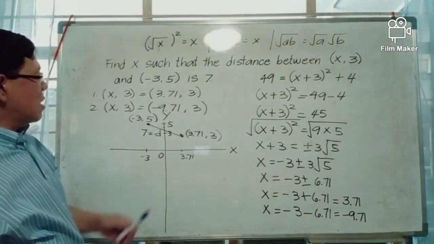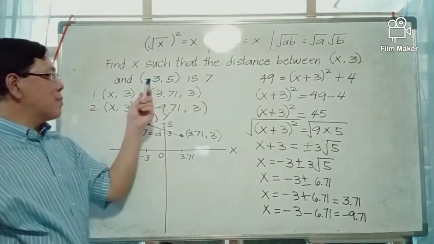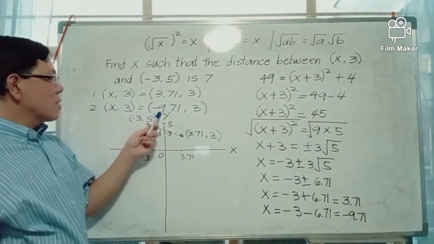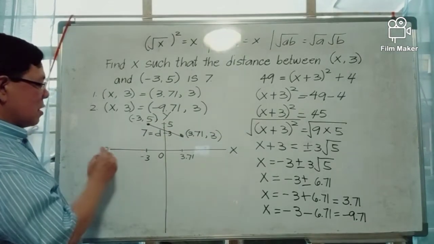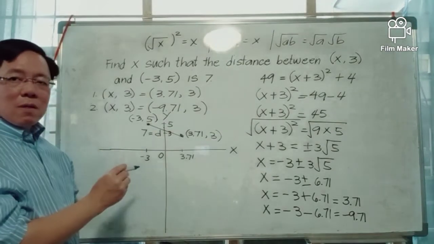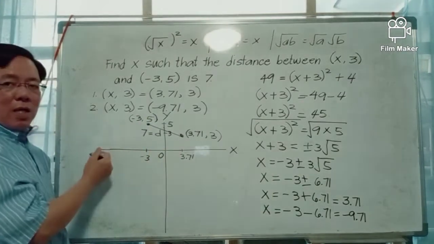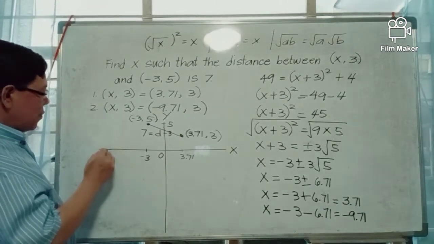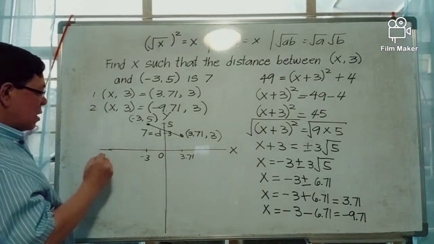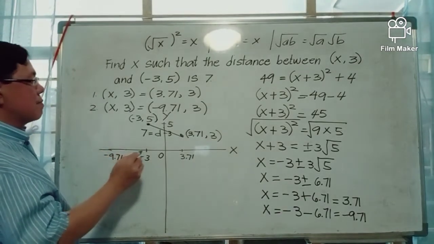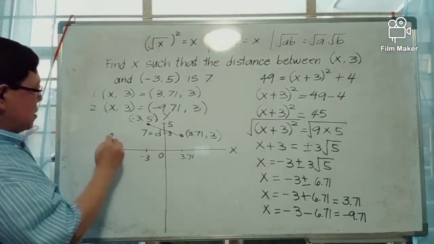The other point with the same distance of 7 from the point (-3, 5) has coordinates (-9.71, 3). So it's here. Count 9.71 units from the origin going to the negative x-axis. We approximate -9.71 and 3 units.